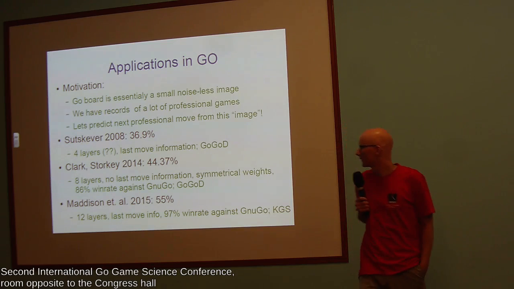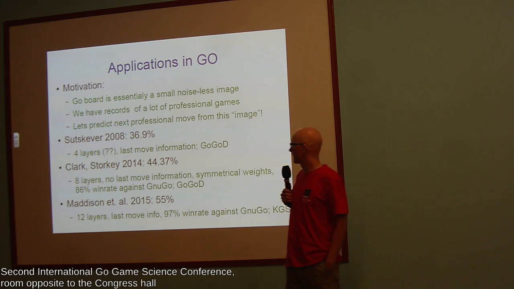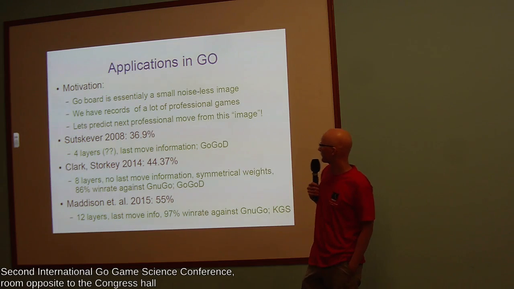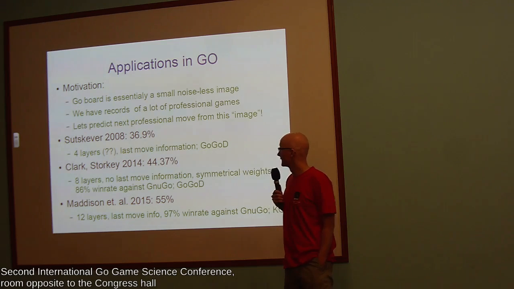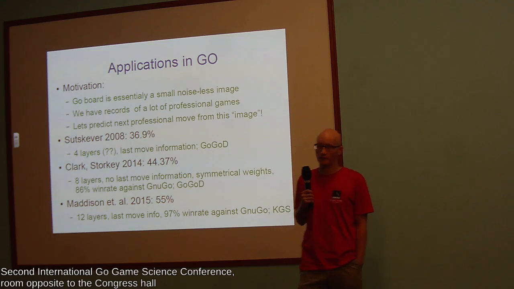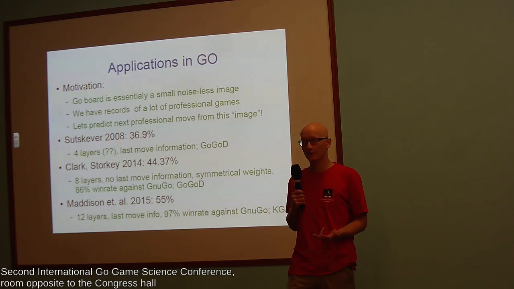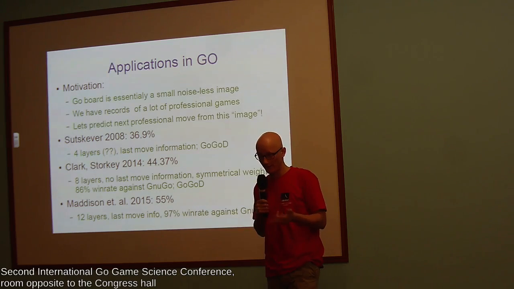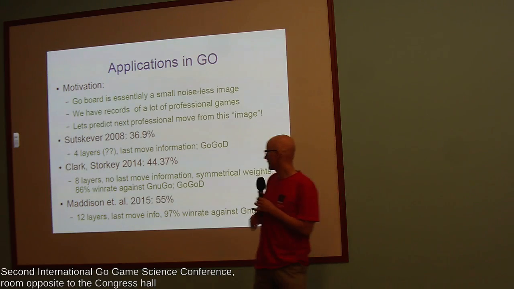The very first attempt I know of was done by Ilya Sutskever in 2008, and it had some 37% accuracy in predicting the next move from professional games. So it got roughly a third of the professional moves correct.